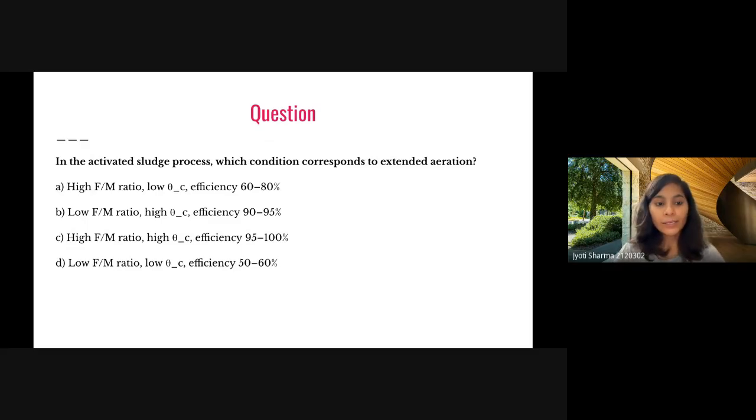So we have high and low food to microbe ratio, and then high, this is your sludge age. This is your sludge age and the efficiency.